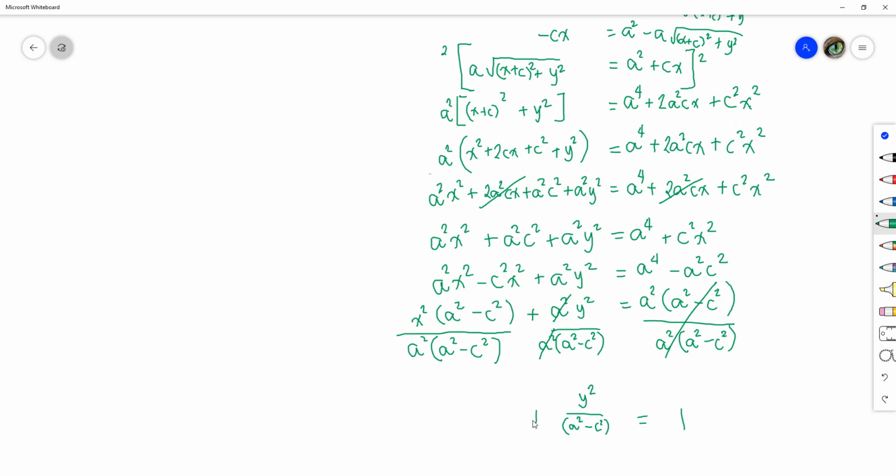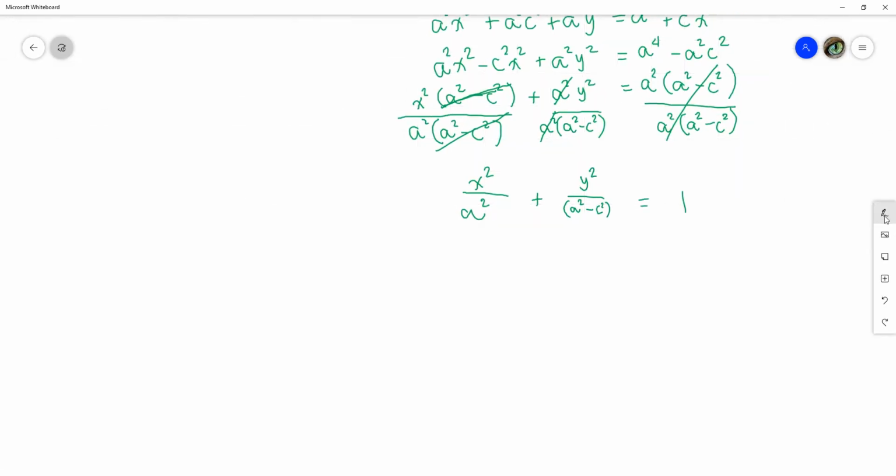Dito naman, we can divide this one out, this term. So makaka-divide natin yan. So what we have is x squared over a squared. Okay, now remember, kanina in the previous presentation, we have this kind of relationship that a squared is equal to b squared plus c squared, di ba?